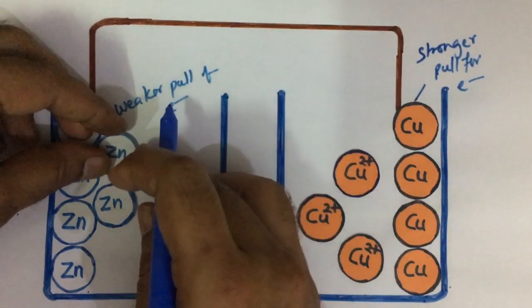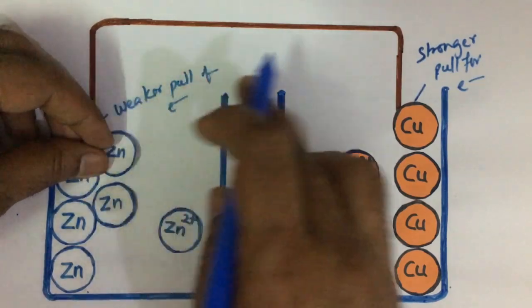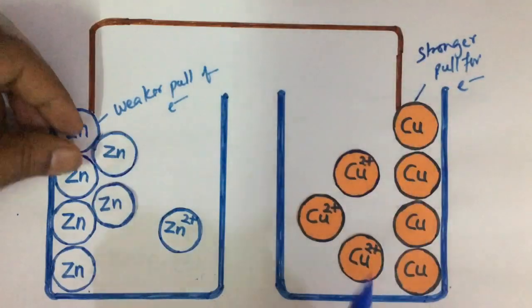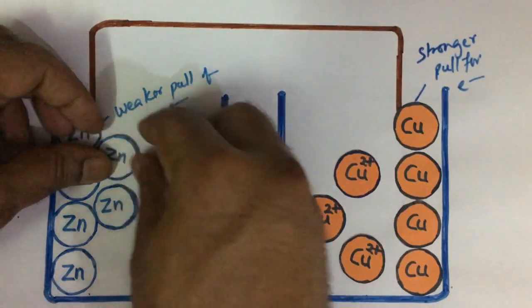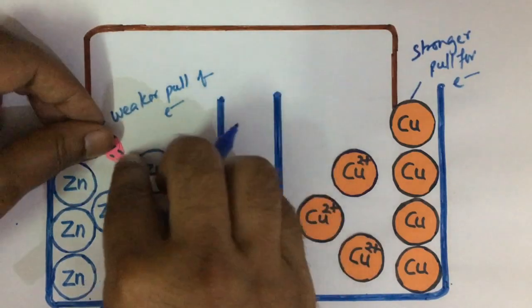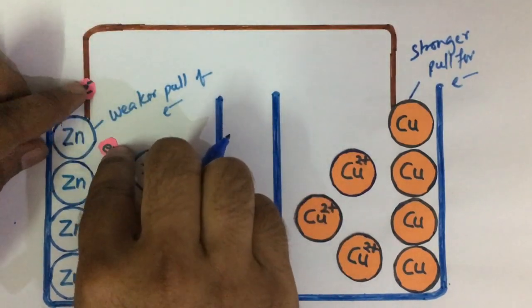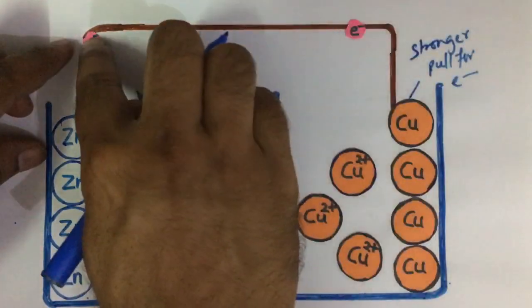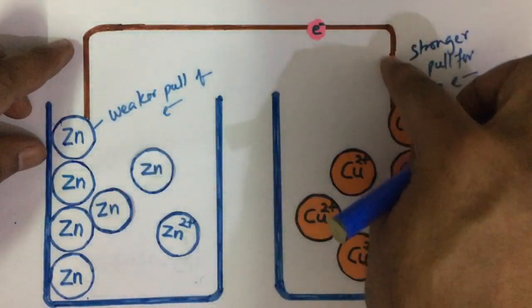So zinc will give up 2 electrons to the copper. How can it give 2 electrons to the copper? Through this external wire. These 2 electrons will move through the external wire and go to the copper side.